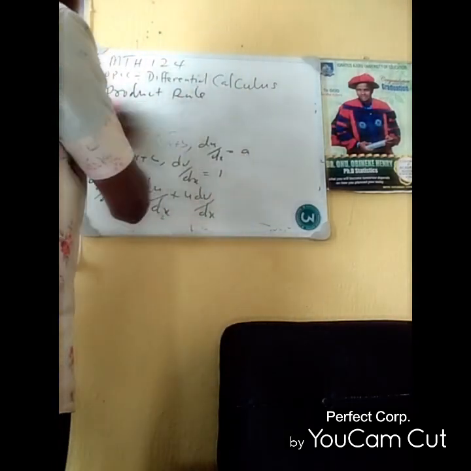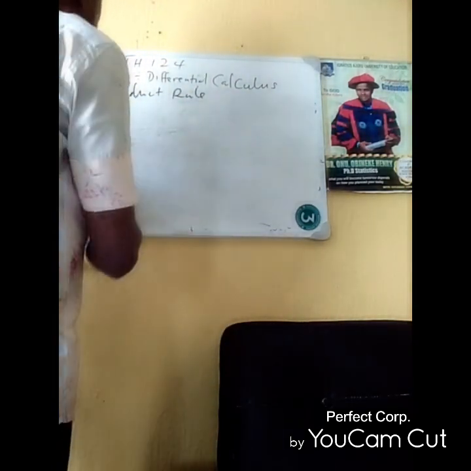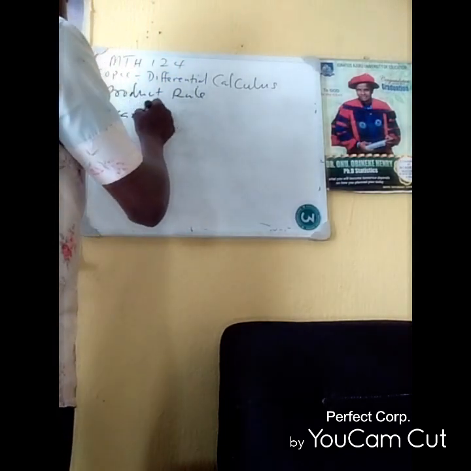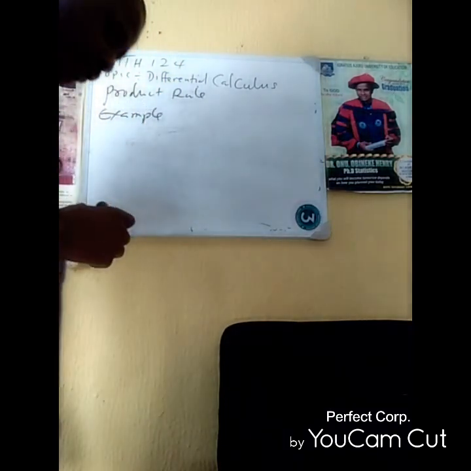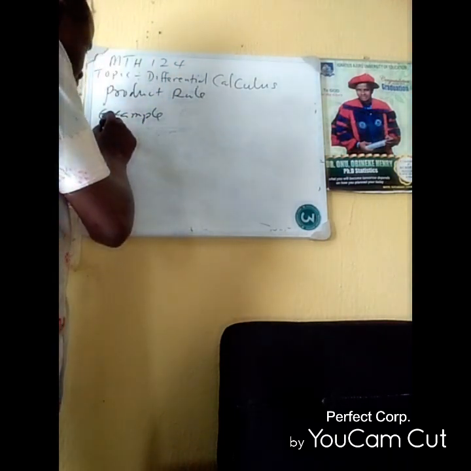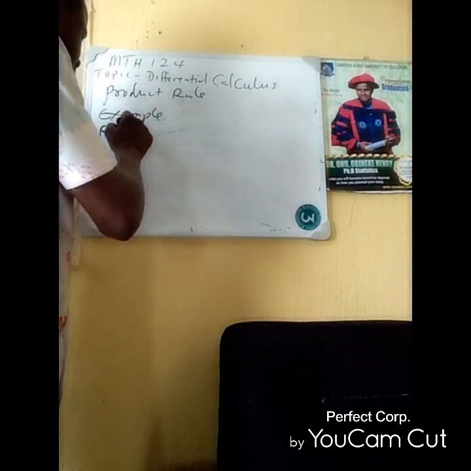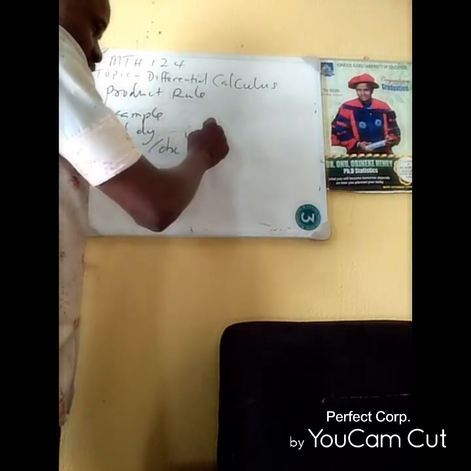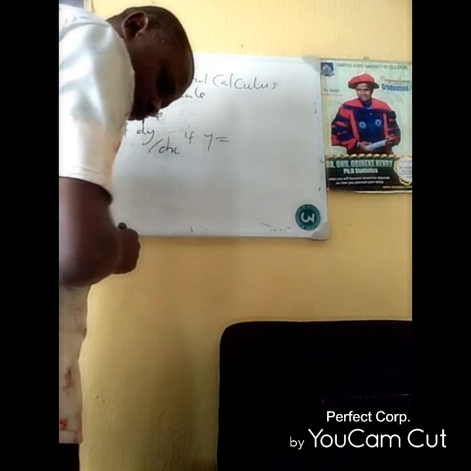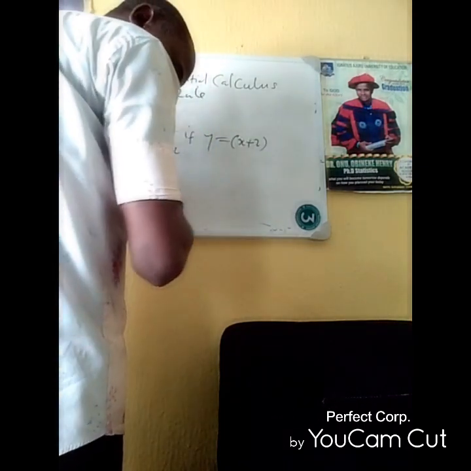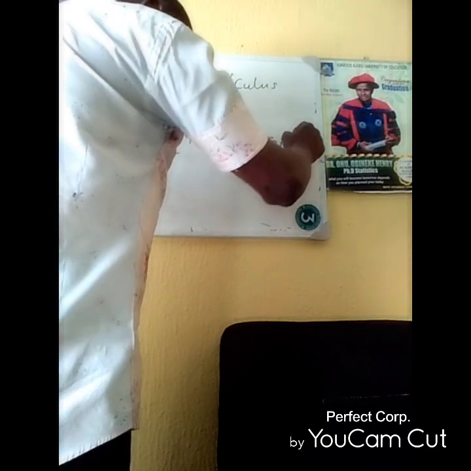Example: find dy over dx if y is equal to x plus 2 times 2x plus 5.